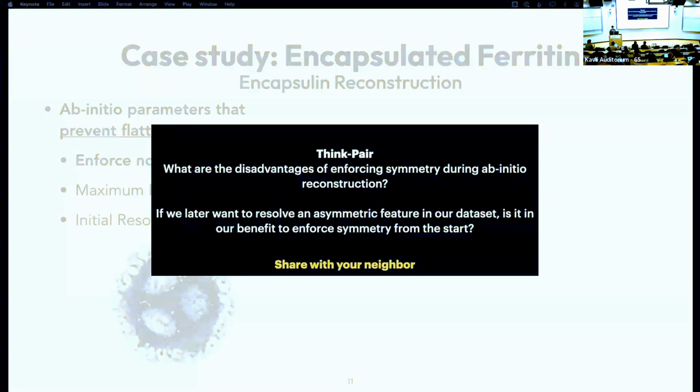This approach is sensible when symmetry breaking features are not large scale, typically medium or high resolution changes or very small changes to a very small region within your structure. In our case, we fall more into the former case. The symmetry break is large scale. The entire internal contents of encapsulin are symmetry breaking, and so we have most success just breaking the symmetry right from the start.